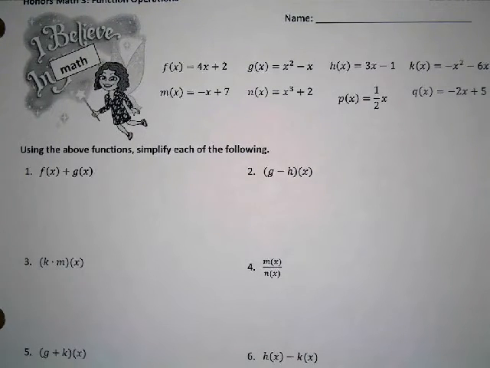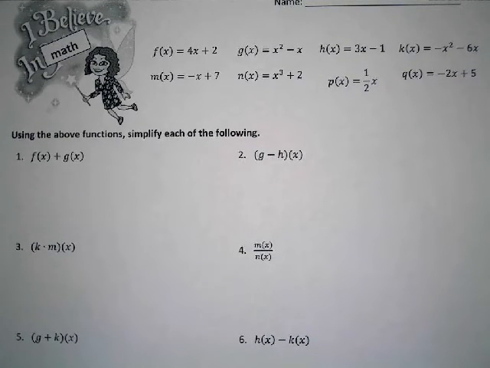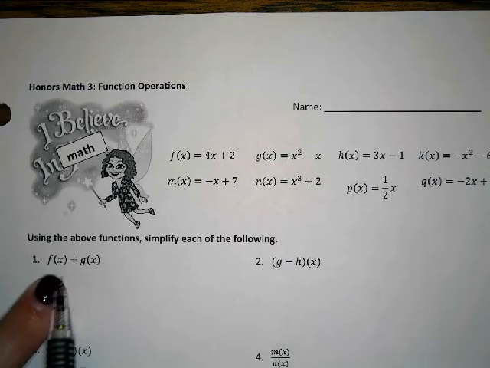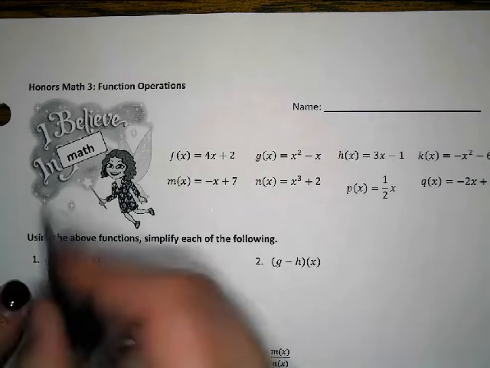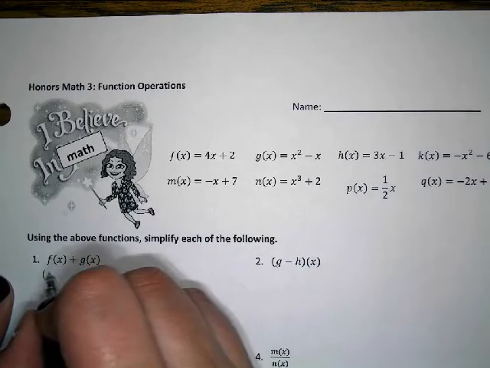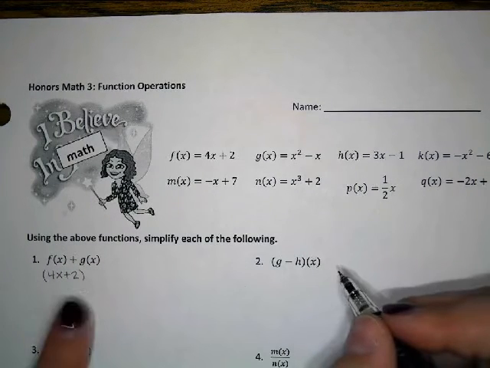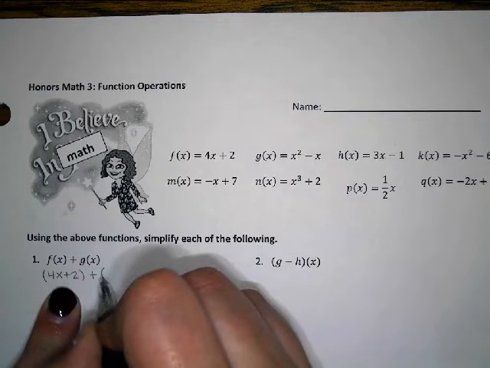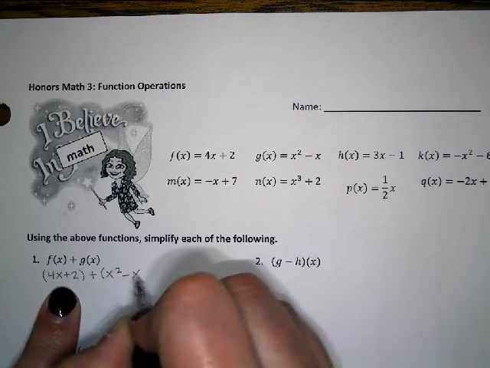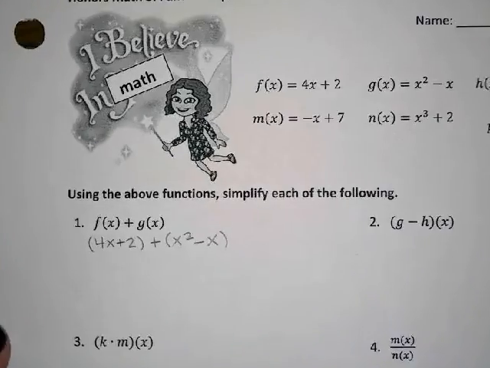Which one? One? Okay. So it says f of x plus g of x. So we're going to go up here and we're going to find f of x and write it down. So f of x is 4x plus 2. G of x is x squared minus x. Now, if we're doing an addition problem, do the parentheses really make any difference?